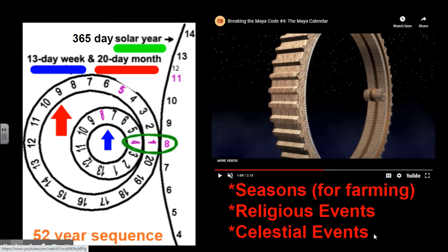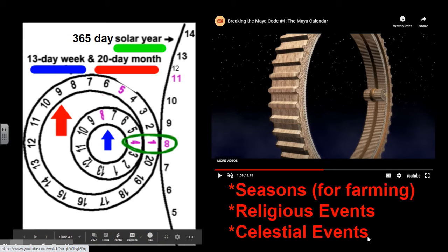Celestial events has a lot to do with astronomy. Their calendar had some connection to the star patterns, to the patterns of the moon, to the movement of things like constellations throughout the year during the different seasons, and the height of the sun in the sky during different parts of the seasons. They could even accurately keep track of things like solar eclipses.